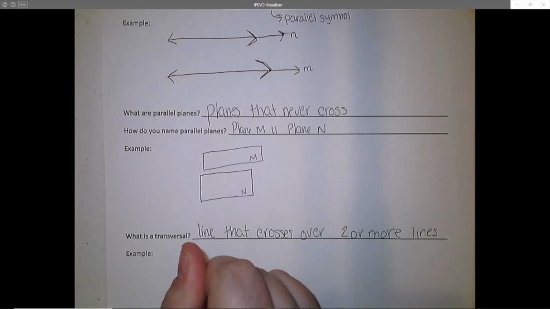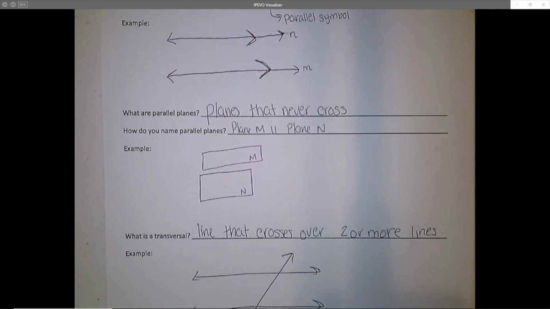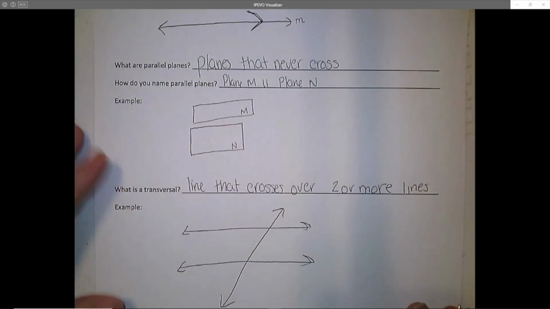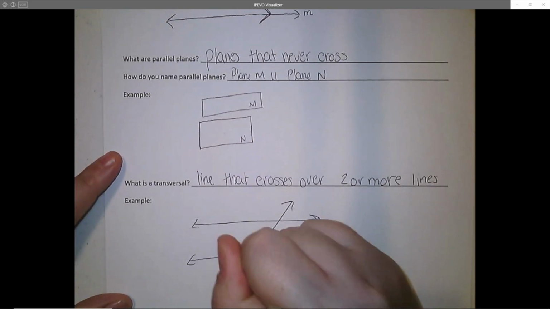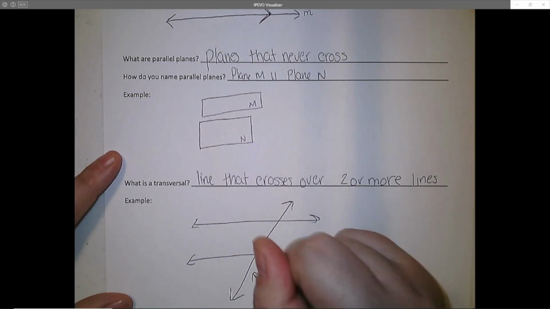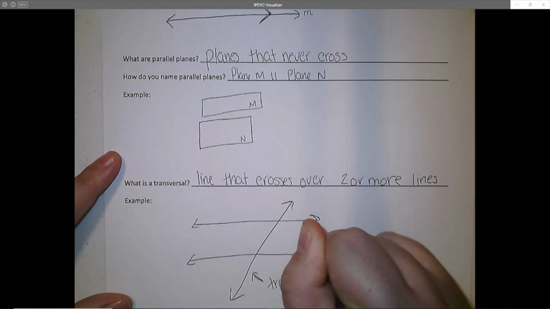So what is going to happen is we are going to have two random lines. If I have a line that crosses over both of them, so for example here at the bottom, I have these two random lines that are going side to side, but I have this line going kind of diagonal. It crosses over both of the lines going side to side. This line that crosses over both of them, that is known as a transversal.